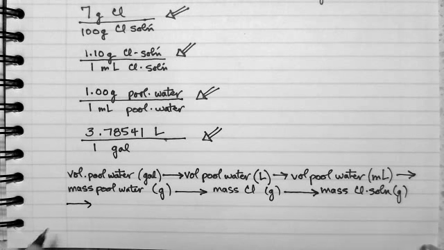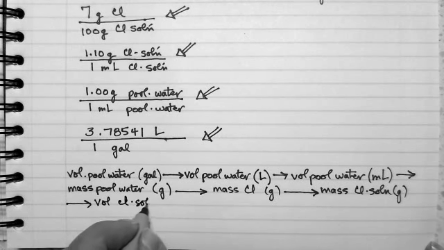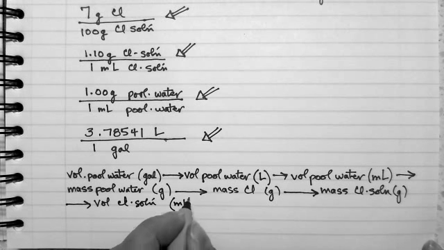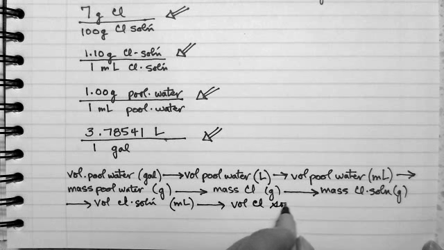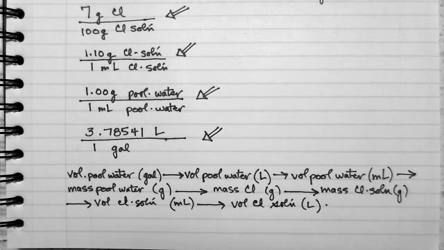So one last conversion to go from mass of the chlorine solution to the volume of the chlorine solution, and that will be using the density. That will be in mils. But we are asked for it in liters, and so our final step will be volume of chlorine solution in mils converted to liters. That's how we do the problem.